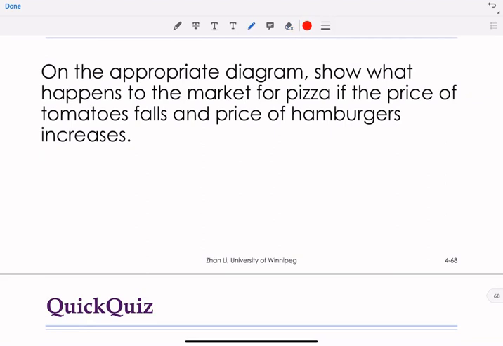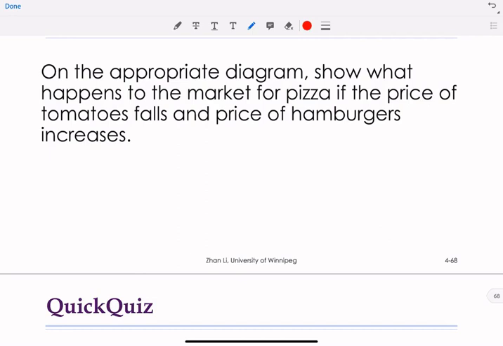Remember, tomato is an input for pizza. So this should affect the supply curve for pizza, right? And the price of hamburgers increases. We know that hamburger is a substitute for pizza. So this should affect pizza's demand curve.